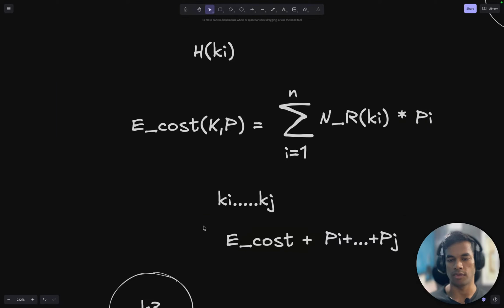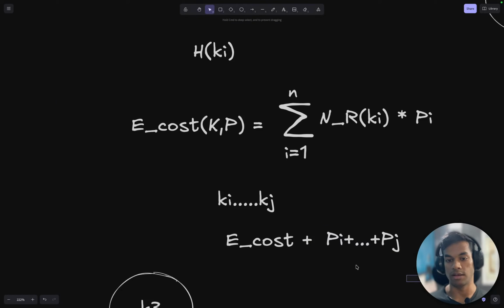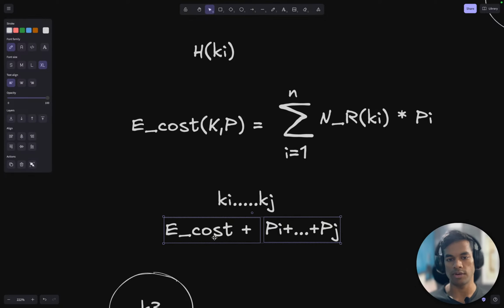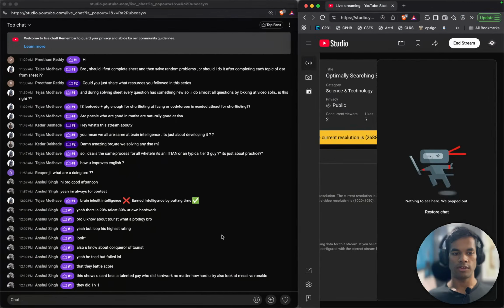That is how the cost increases, and we can find this part very effectively using prefix sums. Prefix sum would be nice to calculate that.